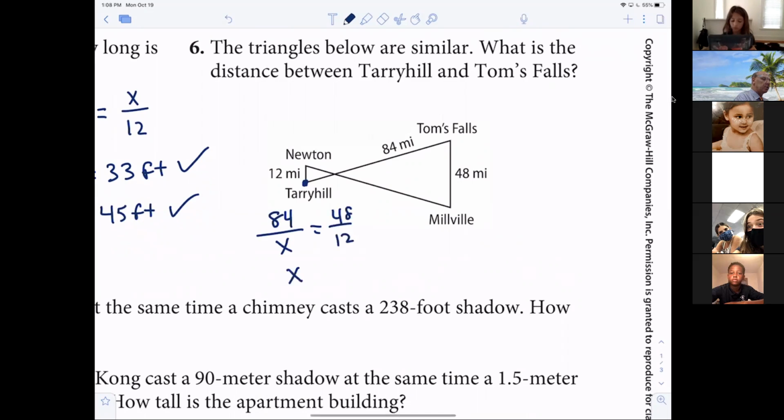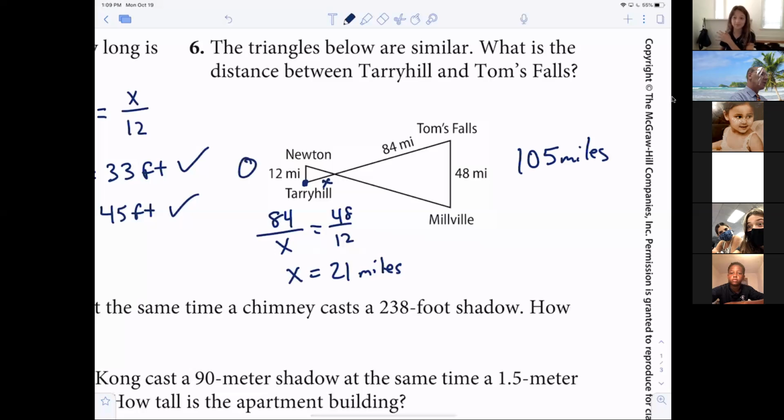So tell me what X is. Good, 21 miles. All right, so is that your answer? Wrong. Jackson, help the boy out, please. It is 105 miles. I got it right. Pat yourself on the back if you got it right.